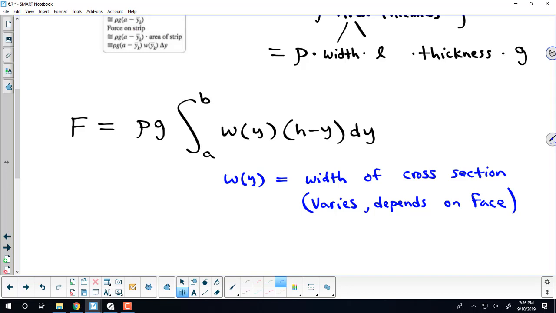It depends on the face, whatever that face is, of the container, the trough, whatever. And then our h minus y is the same as it was previously. We want to think about that h as the top of the dam or container.